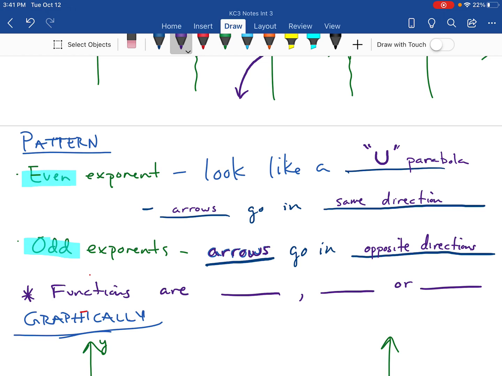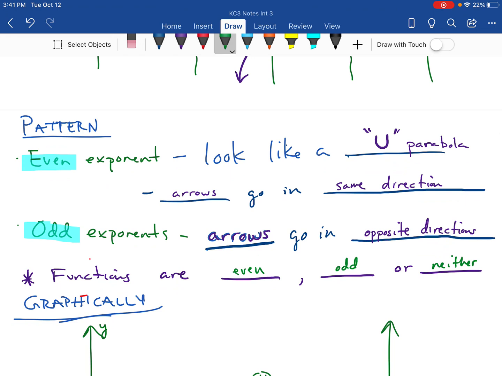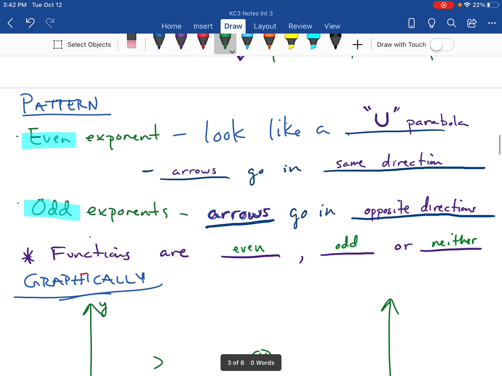Now, functions are either even, odd, or neither. That is how functions are classified. So you can tell whether a function is even or odd graphically and algebraically, and I'm going to show you both of those ways.